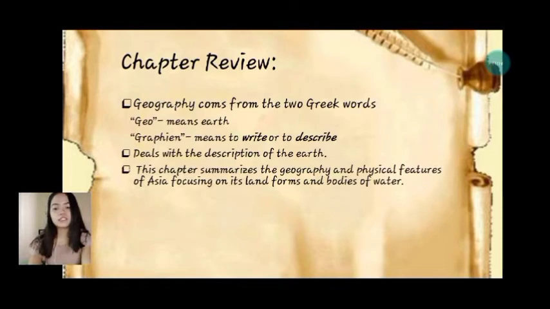It says that geography deals with the description of the earth into continents, regions, countries, landforms, and the relation of these geographic features to the way of life of the people in the specific area. In this chapter, it summarized the geography and physical features of Asia, focusing on its landforms and bodies of water.